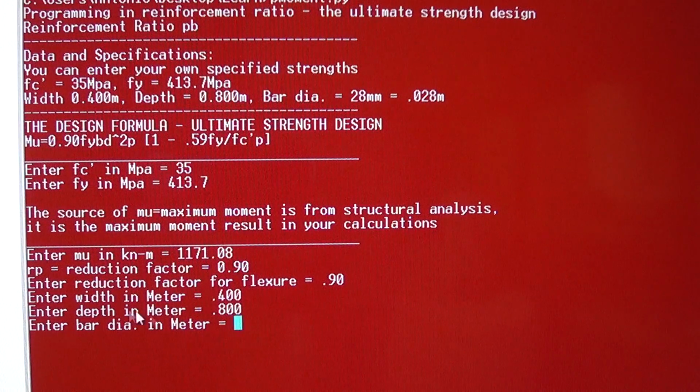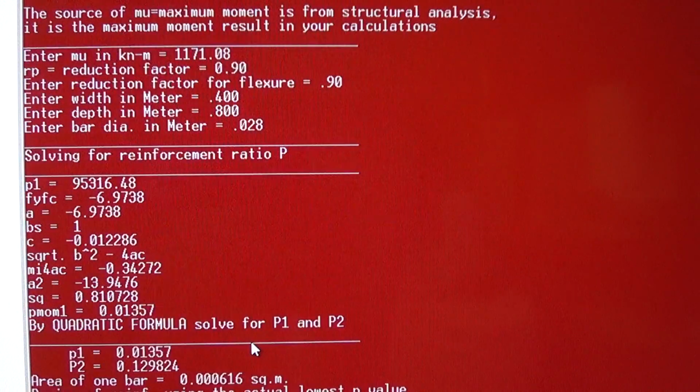Make it nice. And then the diameter of the bar is 28 millimeter. Convert that to meters is 0.028. To convert, divide by 1000, right? So that's in meters, and then you hit enter. There we go.